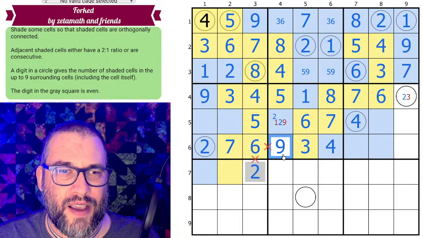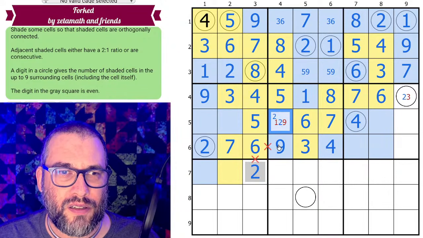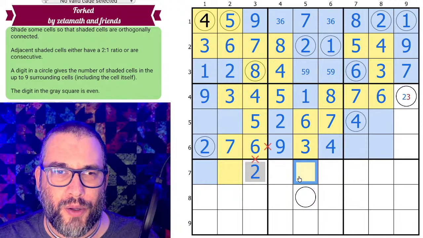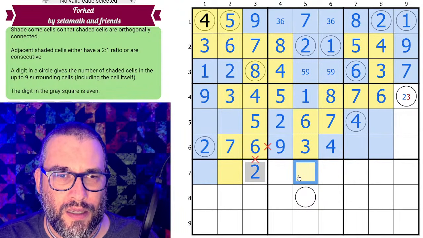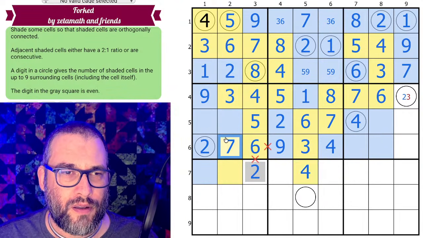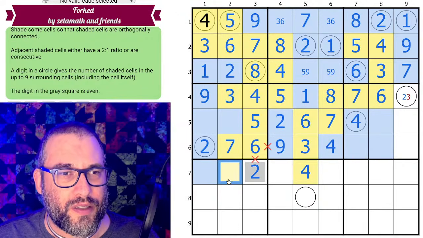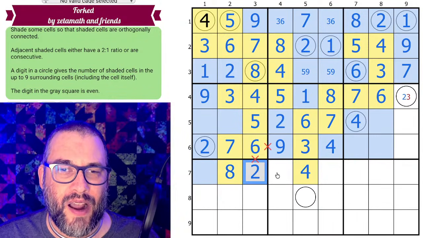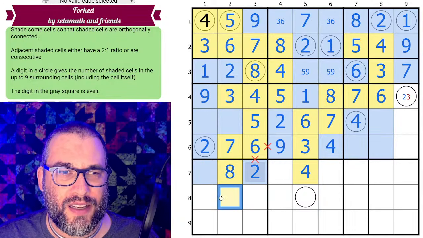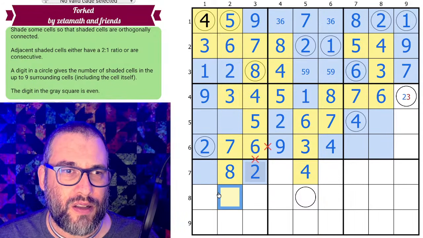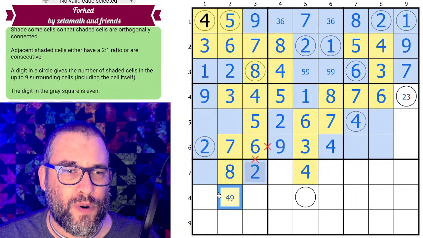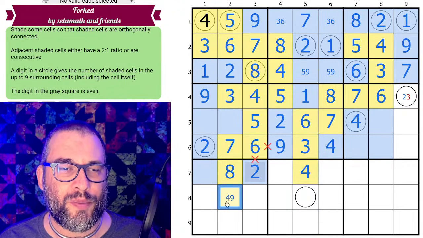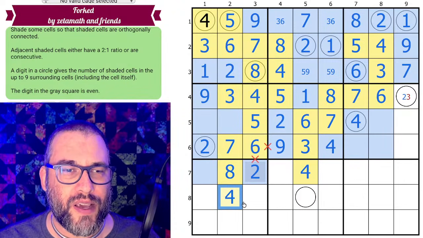It's a 9. It's unshaded. It's a 2. So this is shaded, and the only thing it can be is a 4. This is shaded, and the only thing it can be is an 8. This is not shaded, so the shading still gets out. So this is 4 or 9. But 9 has the problem that it can't connect to anything else, so that's a 4.